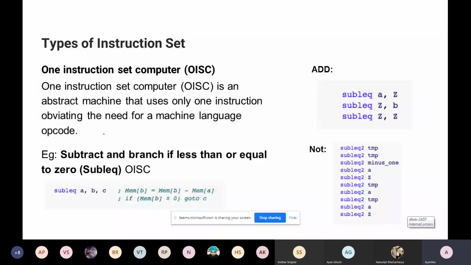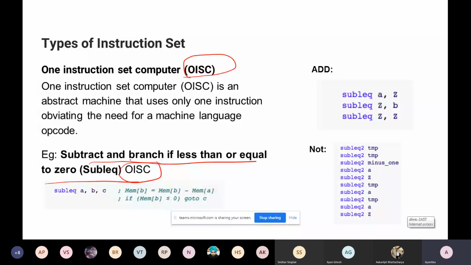No, that is not the case. In the case of a one instruction set computer, we allow one single instruction like subtract and branch if less than or equal to 0. So this is one typical instruction that this OISC supports. What does it do?